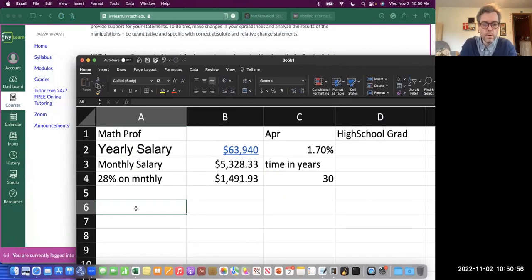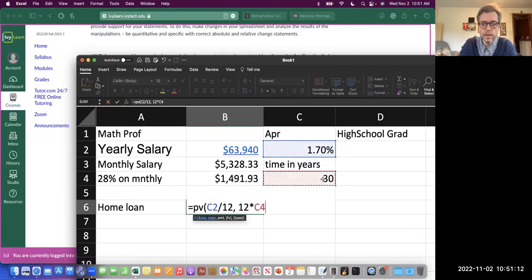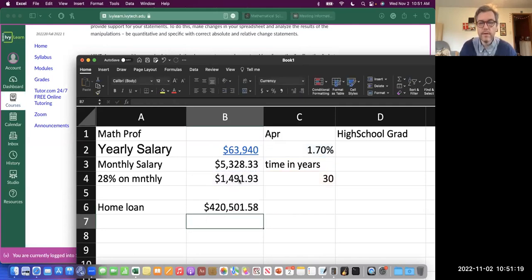So home loan with these boundary conditions is PV, and then the rate divided by 12, 12 by 30, and this person can pay that monthly. So that is the maximum amount that they could borrow without a down payment. They probably have to pay 20% of that.